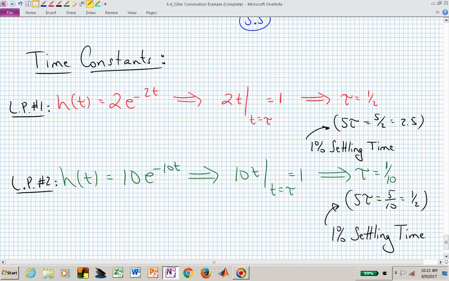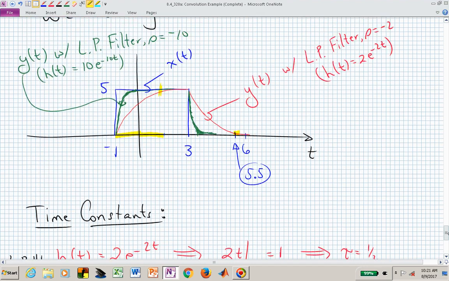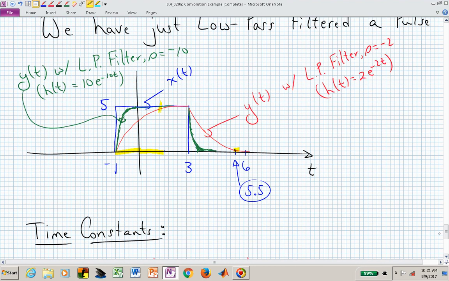5 of those now says that in 1/2 of a second, we have reached our 1% settling time. That's what I've tried to indicate here in green. Now, in 1/2 of a second, we should be very close. So from -1 to -1/2, we should be almost at the final value of 5.